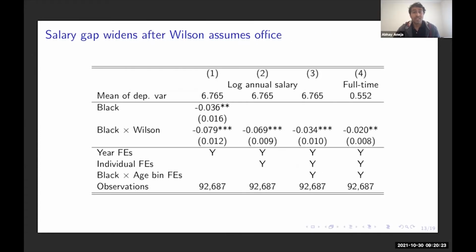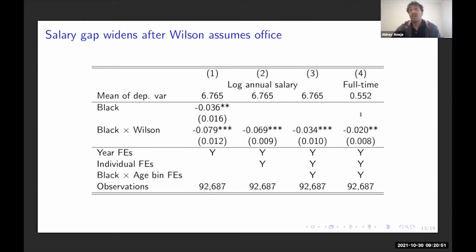This table summarizes that main result from the previous slide in regression form. And what we see is that by 1921, Black Americans have suffered about an 8 percentage point earnings hit relative to white civil servants. We see that the result is quite robust to individual fixed effects.